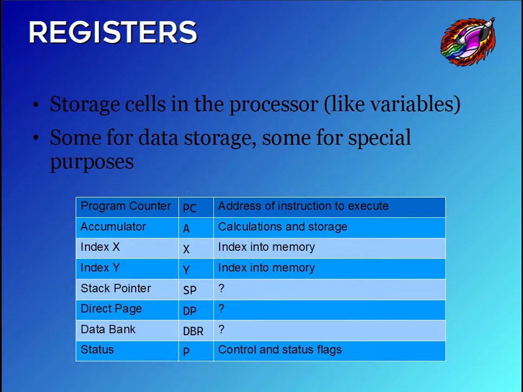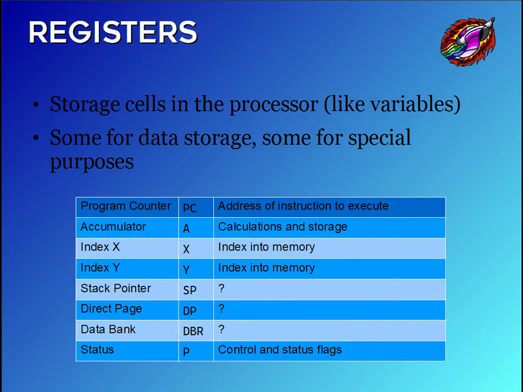Another register is called the accumulator, typically designated A, and this is really your workhorse register for the 6502. Math operations, logic operations, that sort of thing, they all work with the accumulator. They may also work with different locations in memory, but for the most part they're working with the accumulator. So that's the one you're going to be using the most in terms of doing operations.